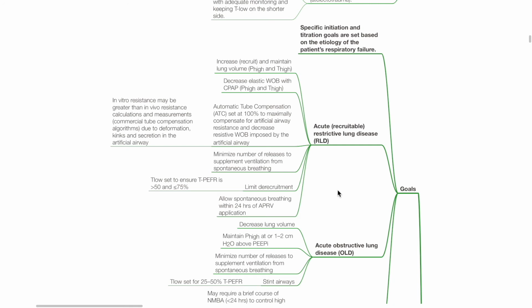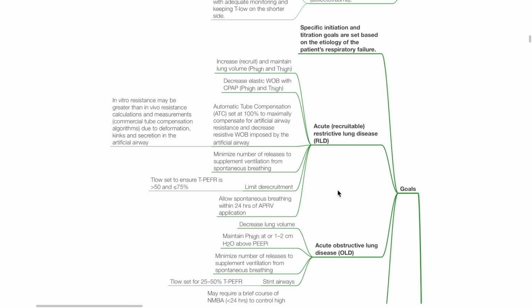Automatic tube compensation set at 100% to maximally compensate for artificial airway resistance and decrease resistive work of breathing imposed by the artificial airway. In vitro resistance may be greater than in vivo resistance calculations and measurements due to deformation, kinks, and secretions in the artificial airway.